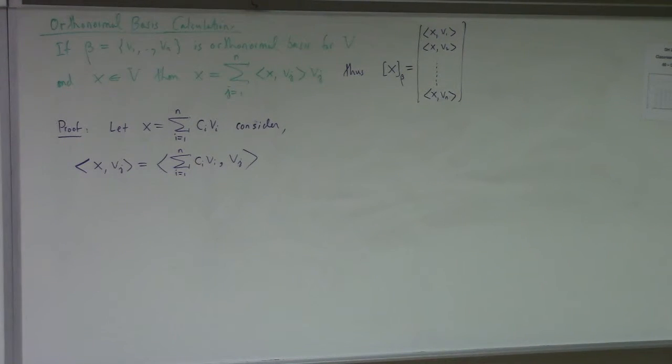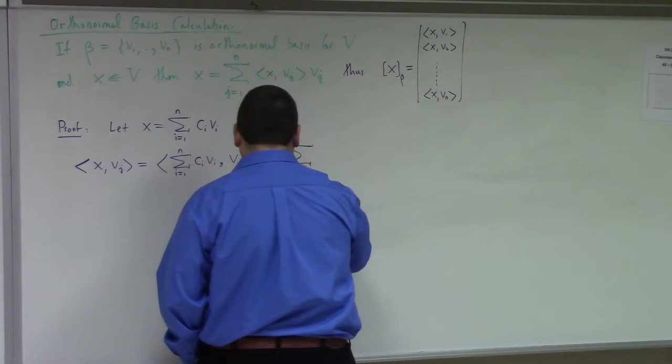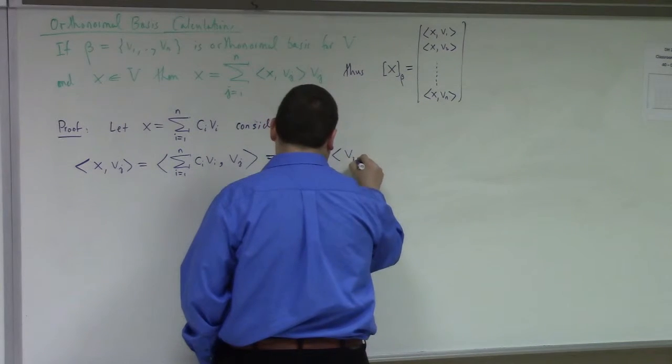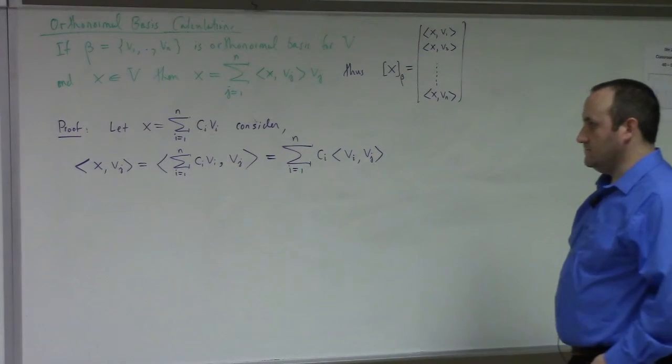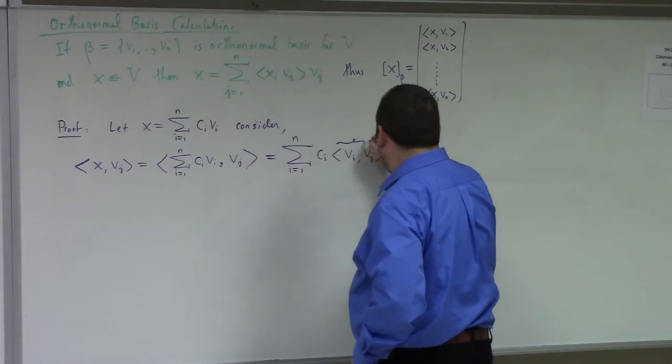Right? But I can use linearity in the first slot to pull the sum out and to pull the constants out. And what am I left with? But we assumed orthonormality, right? Which means that the inner product of vi with vj is just the Kronecker delta ij, which is the natural enemy of the finite sum, right?